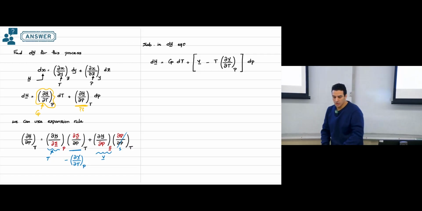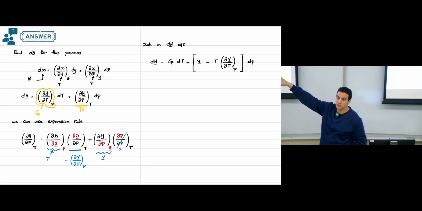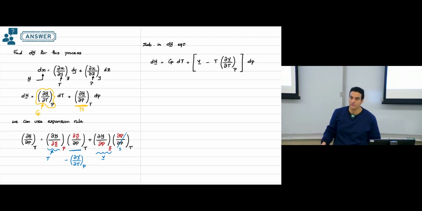So this is the whole formula we have right now. If you substitute in this formula, find the enthalpy change, then we can substitute in the first law of thermodynamics and find the shaft work.